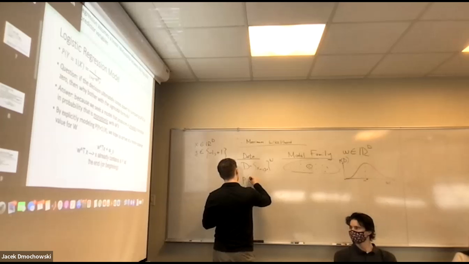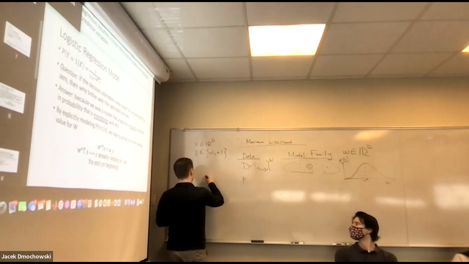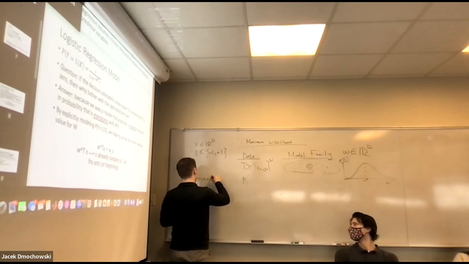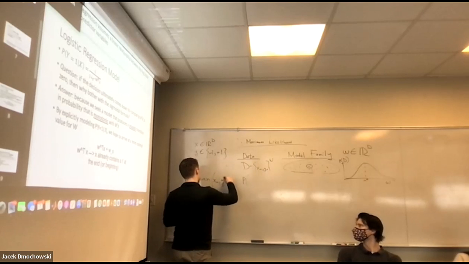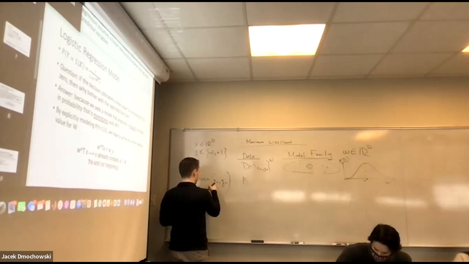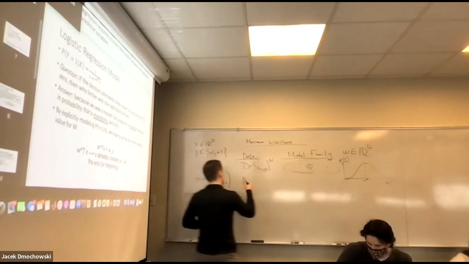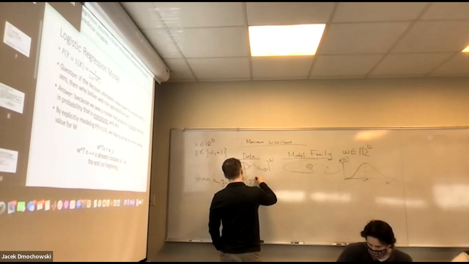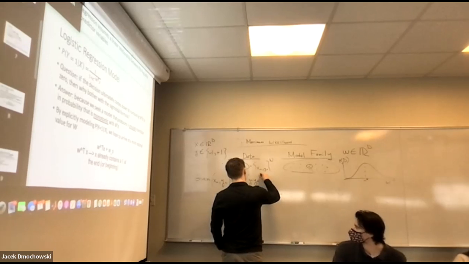In this case, given a single data point, xn, yn, where xn is your pixel of brain scan intensities and yn is whether it was benign or malignant, this is going to be our model here.